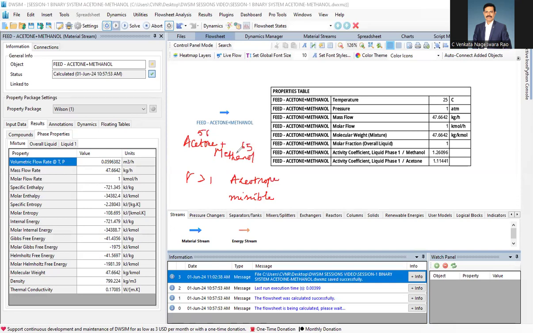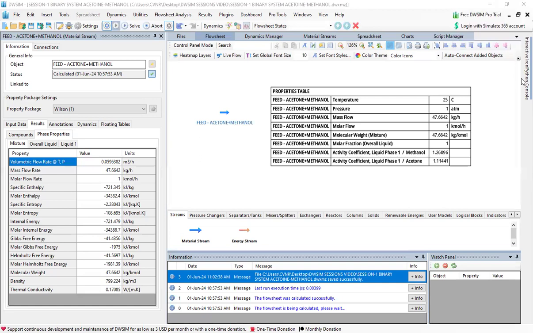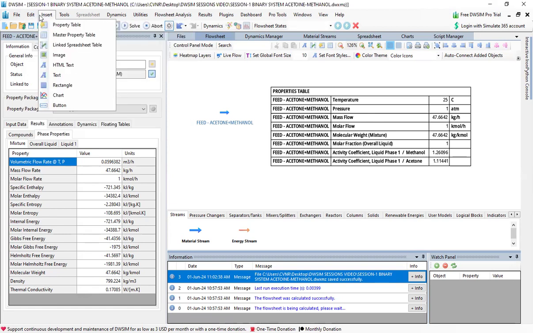In this session, we already know how to create a stream containing acetone and methanol. Now, let us go a little ahead and check how to flash it.